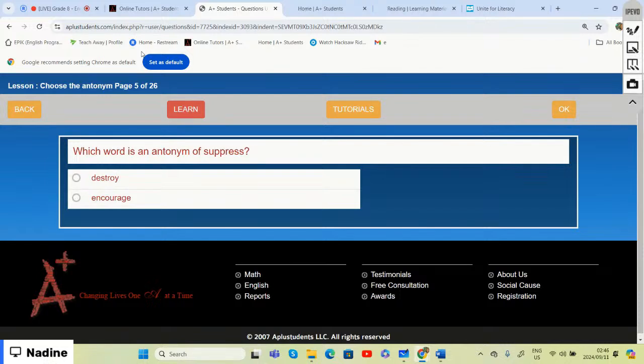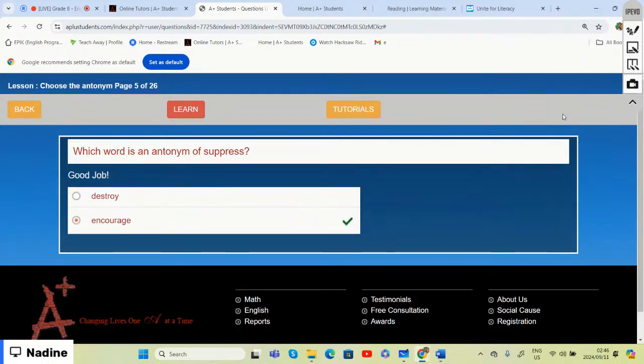All right. And if we were to look at the word that is the opposite of suppress, then we can say the opposite of suppress is to encourage.